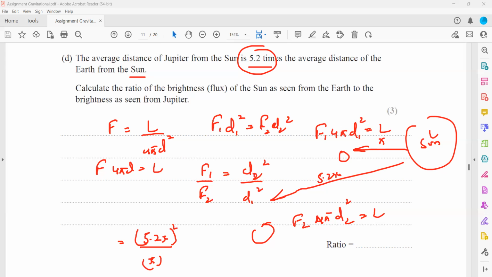The ratio of the flux on Earth to Jupiter is 5.2 squared, which is 27.04. So 27.04 is the ratio of the flux. Is it clear?